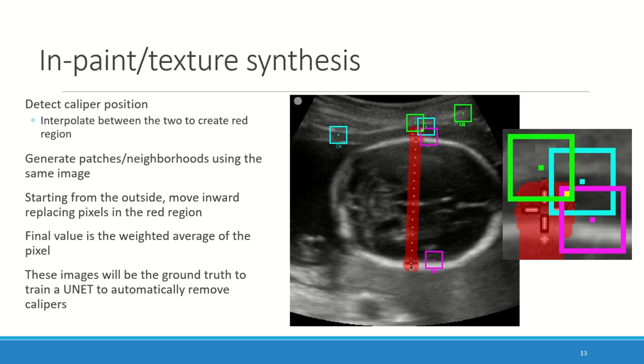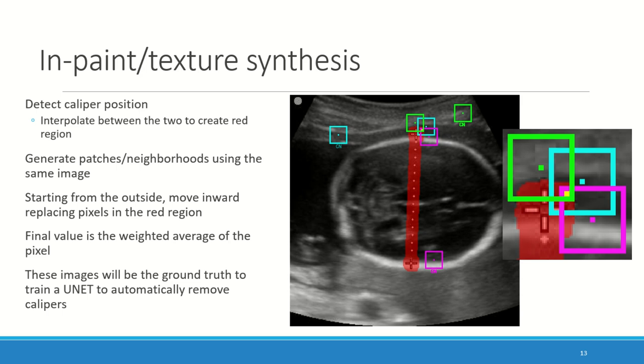And in general terms, how this works is we have this detected region, and we want to replace the pixels in it by finding closest neighbors or redundant information in the image, and we will average the pixels in the region by all the closest neighbors. And this way we can basically remove patches from the image.